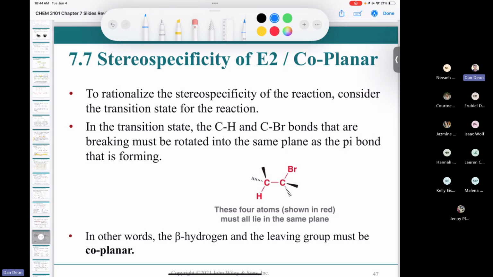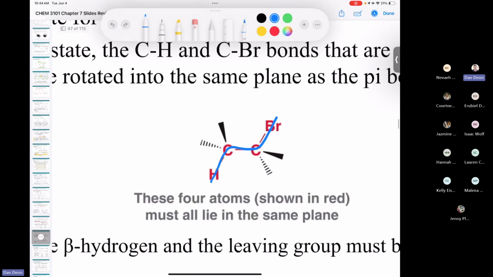In other words, the proton that's being removed, the pi bond being formed, and the leaving group all have to be in the same plane, right? You see how they're all in the same plane? They're all flat. They're not dashes. They're not wedges. They're not coming out. They're not going back. Everything I have on that blue line is in the plane of the screen. They're all in the same plane.